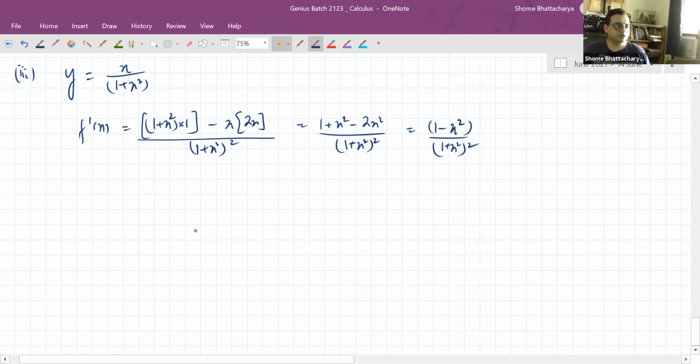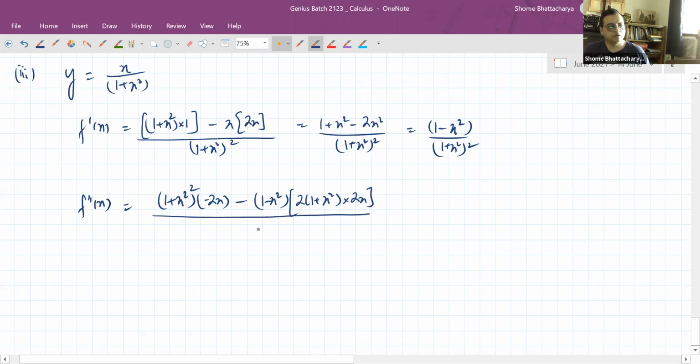And the second derivative is now going to be pretty complicated. The denominator into differential of numerator minus numerator into differential of denominator, which you can differentiate by chain rule, divided by the denominator whole square.